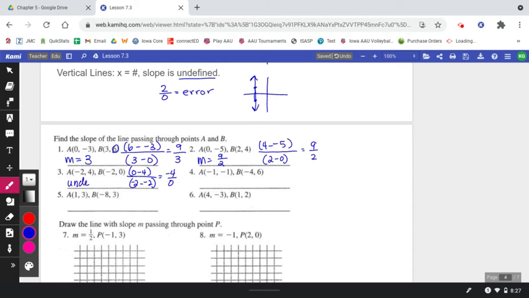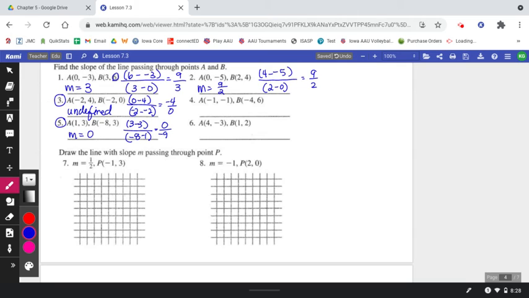So this is undefined. On this example number 5, I'm going to do 3 minus 3 over negative 8 minus 1, which gives me 0 over negative 9, and 0 divided by anything is 0. So that tells me this one is a vertical line and this one is a horizontal line.